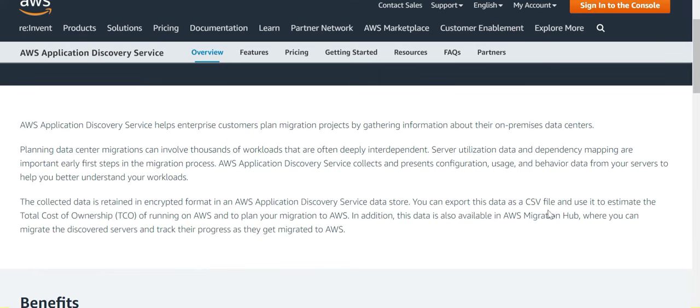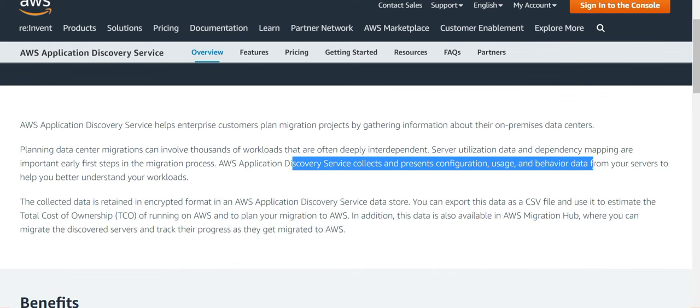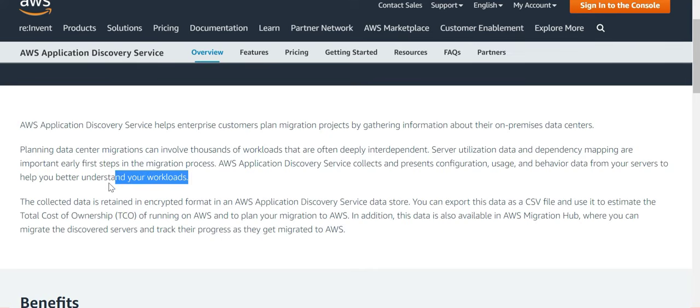Hence this service collects and presents configuration, usage, and behavior data from your on-premises servers so that you can better understand your workloads. It can be exported as a CSV, and this can be used to understand the total cost of ownership.